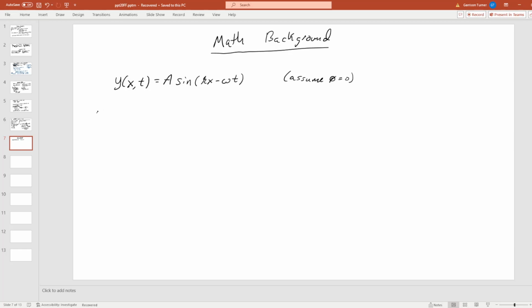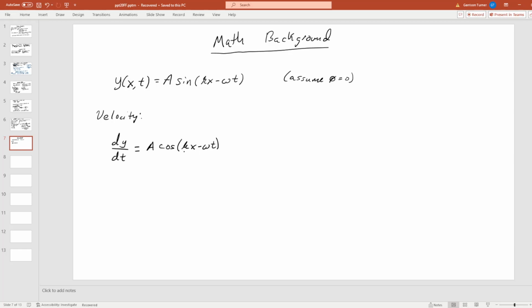So first things first, what is the velocity of the wave? Well, the velocity is the derivative with respect to time. So if I take the derivative of this, I'm going to get A cosine of kx minus omega t.